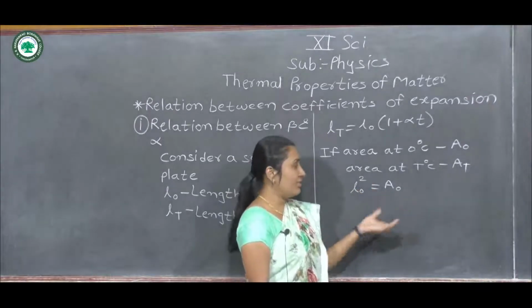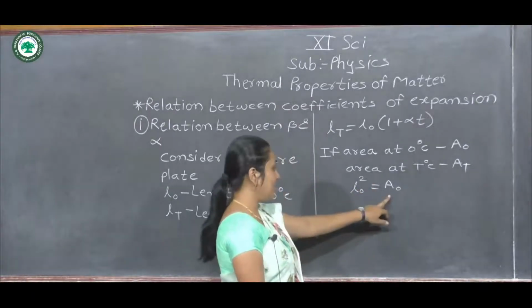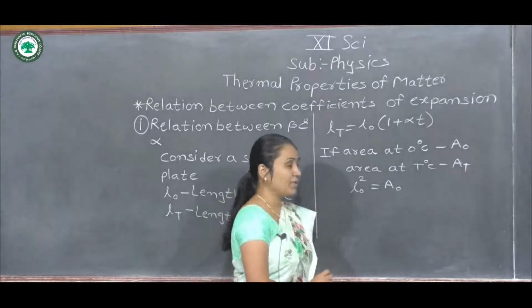Length square is equal to the area, so A0 is L0 square.